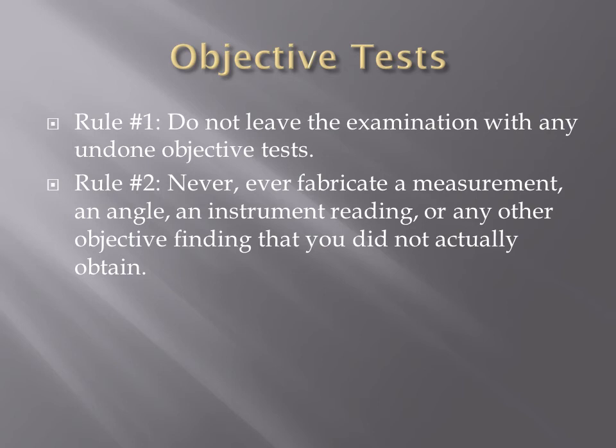And I can be honest with you, and I can tell you that there have been times in the past where, for whatever reason, either I forgot, or I was in a hurry, I left the exam without getting a crucial measurement, a girth measurement for atrophy, or a straight leg raising measurement to assess for validity of lumbar flexion extension. I left there without a necessary recording or reading.